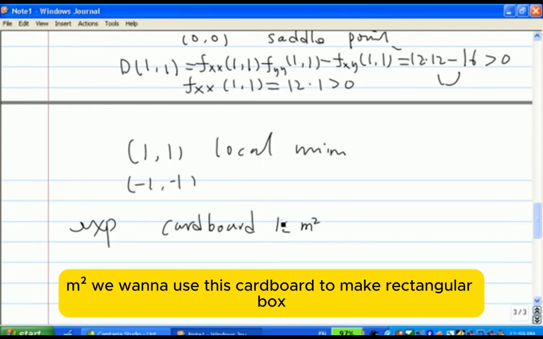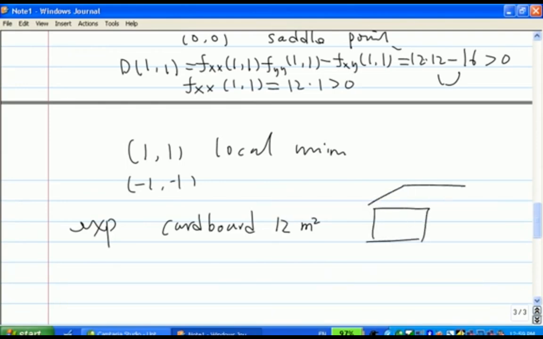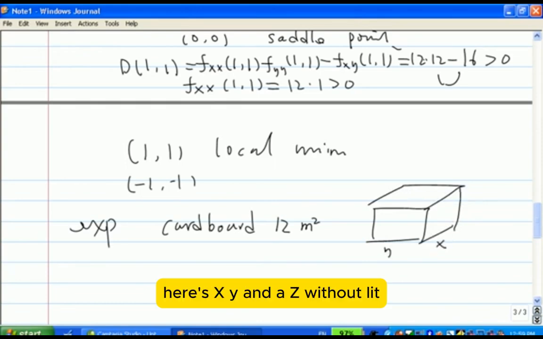Okay, we want to use this cardboard to make a rectangular box. Here is x, y, and z, without lid.